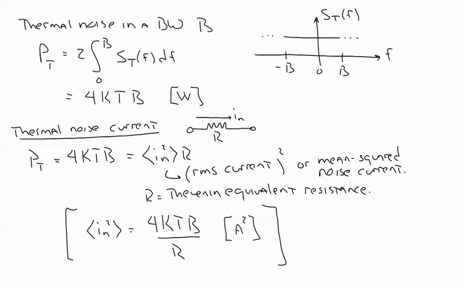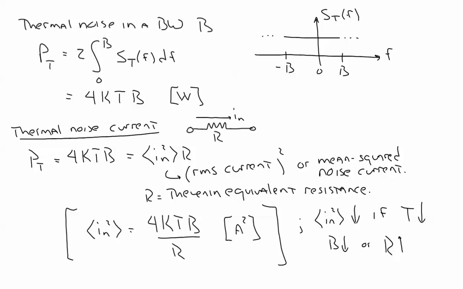That is my thermal noise current model. Okay? You'll notice that my noise current decreases if my temperature goes down, if my bandwidth goes down, or if my equivalent impedance goes up.